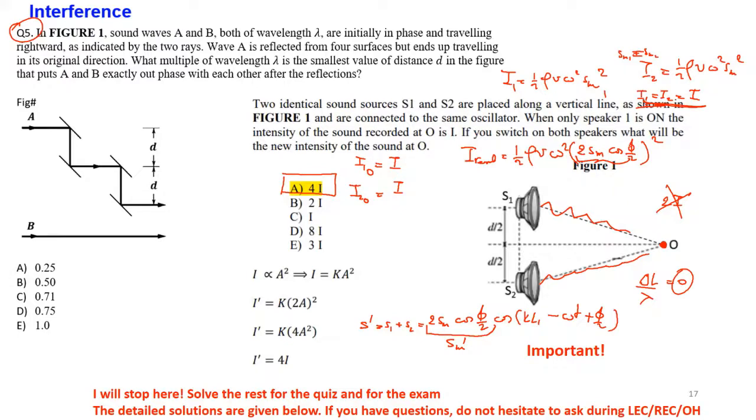Now, of course, if they are constructively interfering, this phi is 0 or a multiple of 2 pi. So my resultant intensity is just half rho v omega square times 2 Sm, squared. Basically, I have 4 times I. Yes? Because of constructive interference. Be careful, it's not 2 times. So it's not this, it's A. In order to demonstrate it, you just use this.